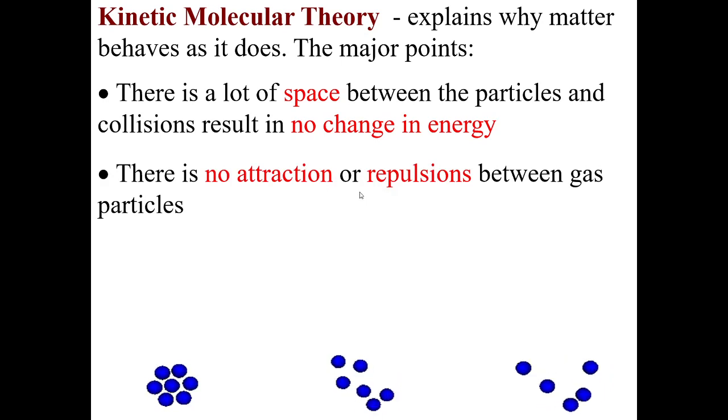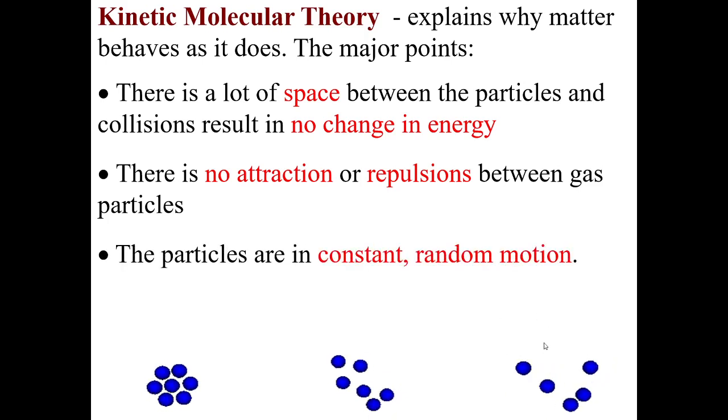There's no attraction or repulsion between gas particles, so they don't pull on each other. They don't have any charge where they're pulling against each other or repelling each other, so that doesn't matter at all. The particles are in constant random motion.